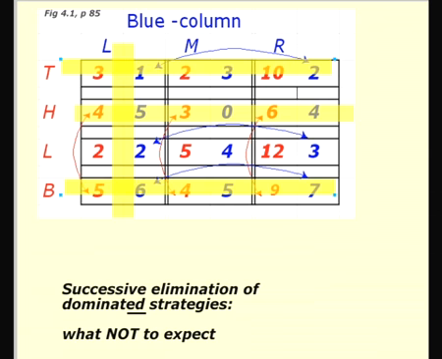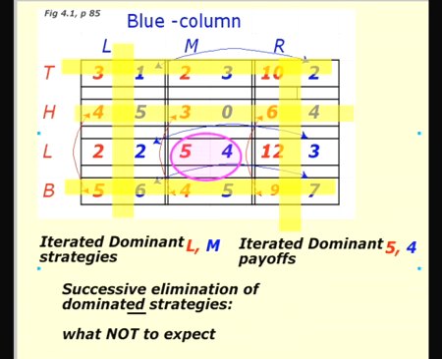But it's kind of an iterated dominance, not dominance in the full game. As we boil this game down, we eliminate some more options, and we find that if we're down to this little game here, the red player is expected to play L. The blue player is expected to play either R or M, but M is better than R, so we can eliminate that, and we come up with what's called a solution to the game, a prediction of what will happen. We got close.